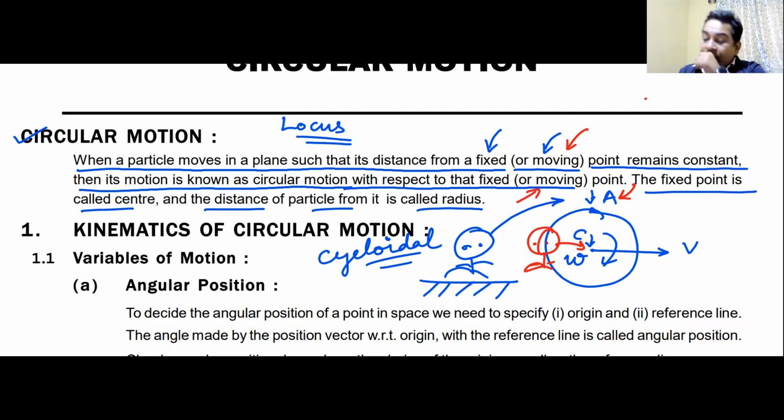If I become the moving point center, here the center of the circle which that body is following, now this circular motion is with respect to the center of the circle. Remember, this is not circular motion with respect to the ground. I hope that point is clear to everyone. This point A is following circular motion, but not with respect to the ground. It is with respect to the center of the circle.